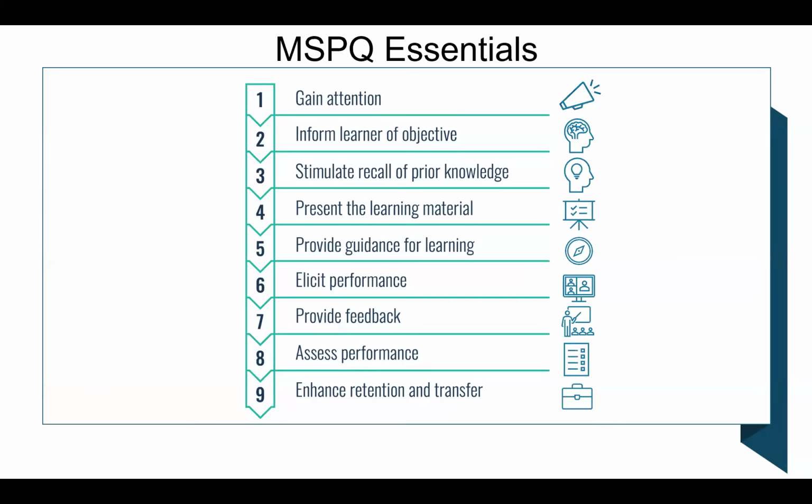To structure the learning experience, I used Gagne's events of instruction. Learners first gain attention through videos that discuss realistic patient scenarios and illustrate the consequences of inaccurate MSPQ completion. Learning outcomes were introduced to establish expectations and help learners understand the relevance of the material.